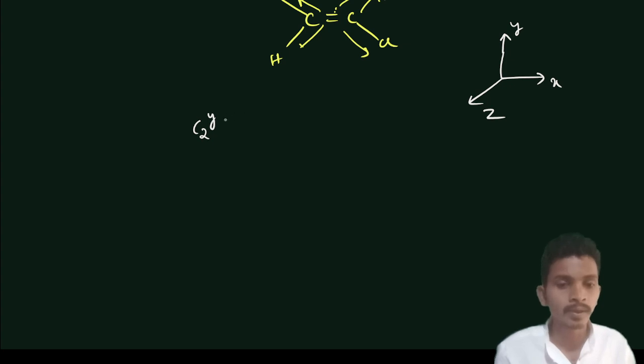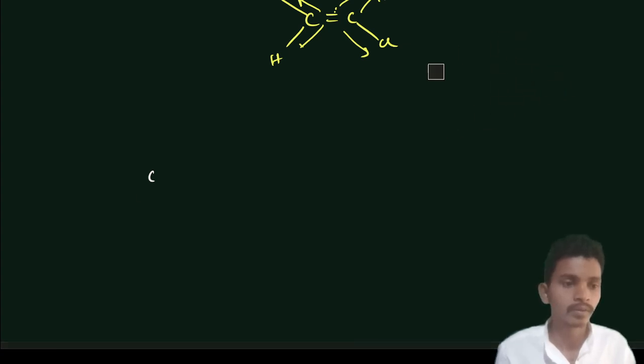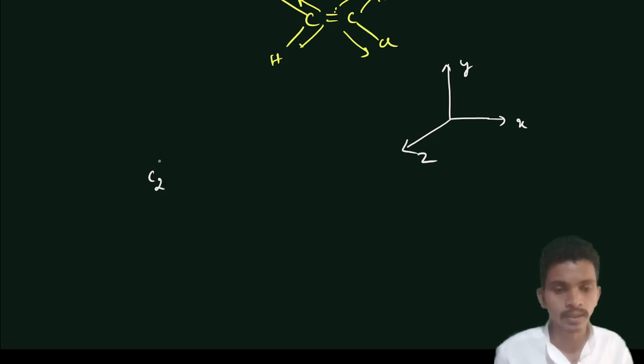Now I pass C2 along the y axis, and I have x, y, z.